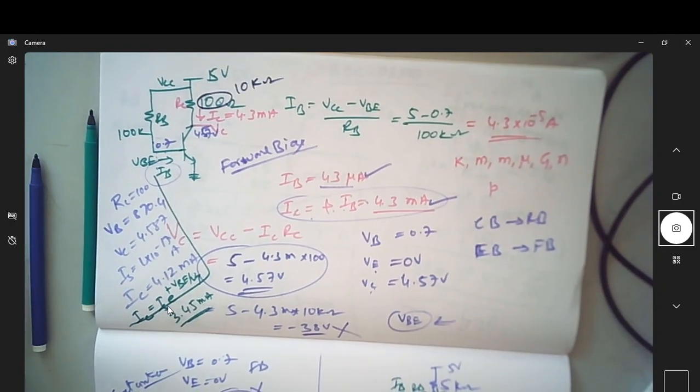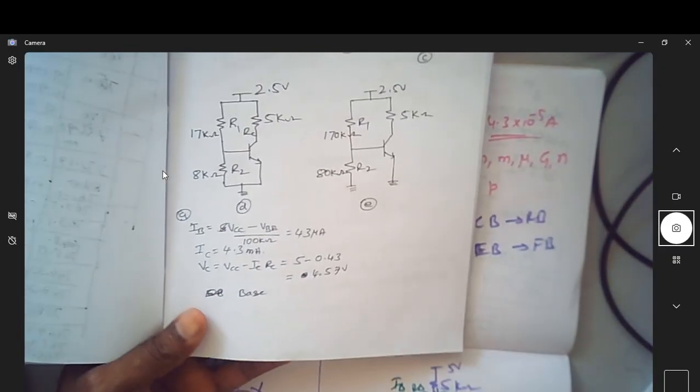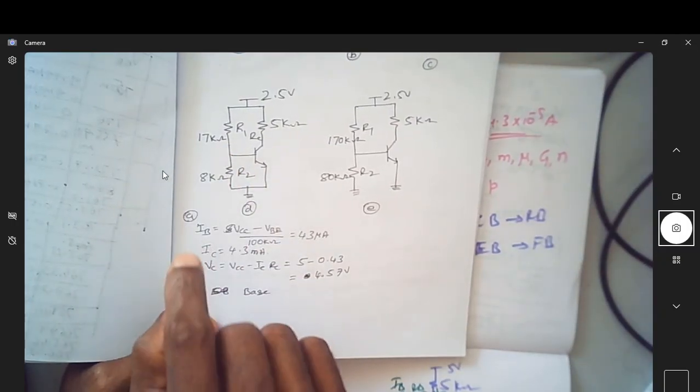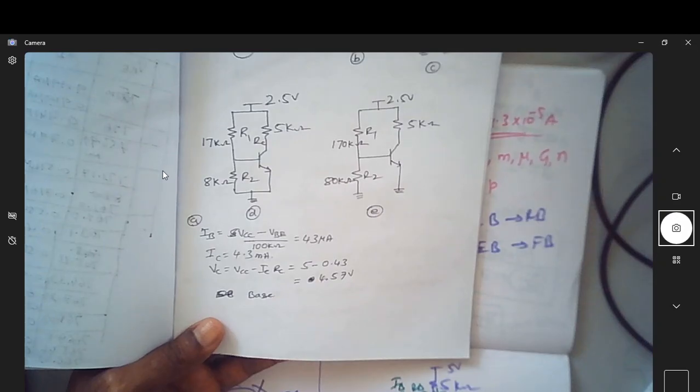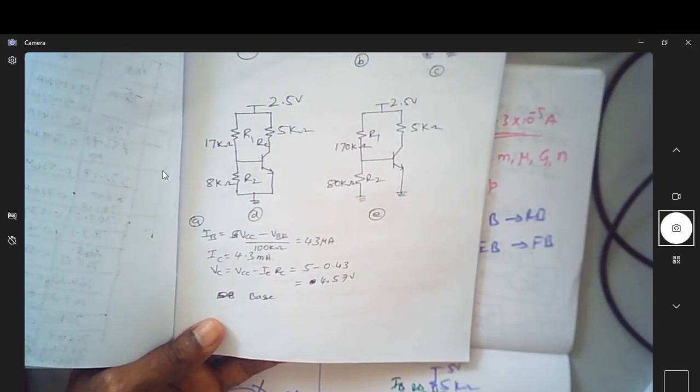So we are not using this type of fixed bias where the current is decided only by IB. You don't have control on VB because this is not connected to ground through a resistor. So let us see in the next video the importance of having this potential divider bias in having stable biasing for these transistors.